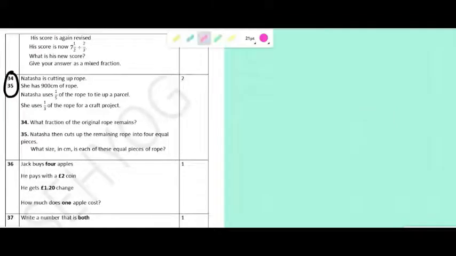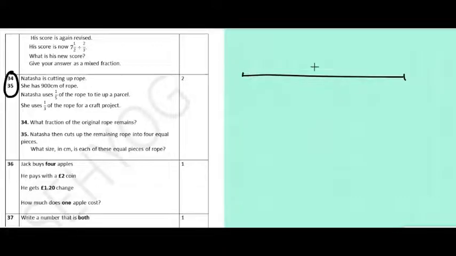So 34 says Natasha is cutting up rope. She has 900 centimeters of rope. Natasha uses 1/5. So if we divide into 5 parts, 1/5 to tie up a parcel.